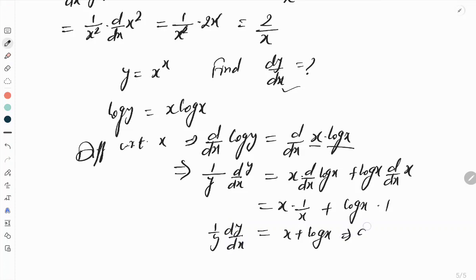So from here dy by dx we are getting y into 1 plus log x. It becomes x power x, because I can put y as x power x, into 1 plus log x. Okay, it is clear to you all, I hope so.